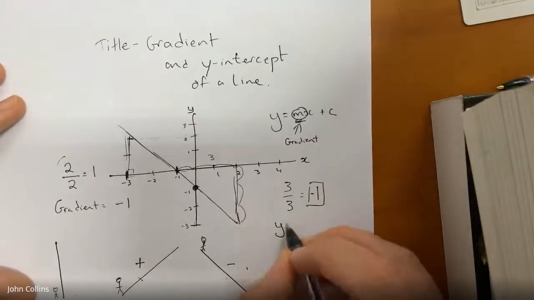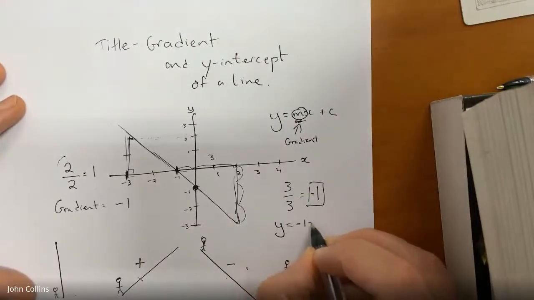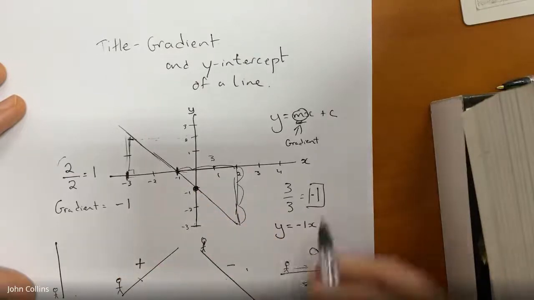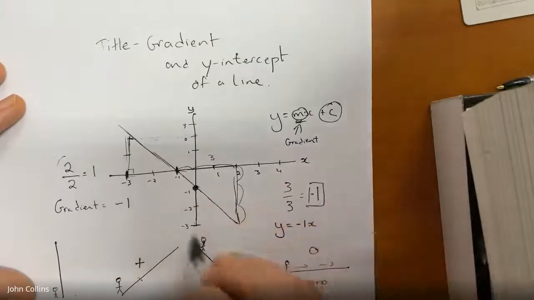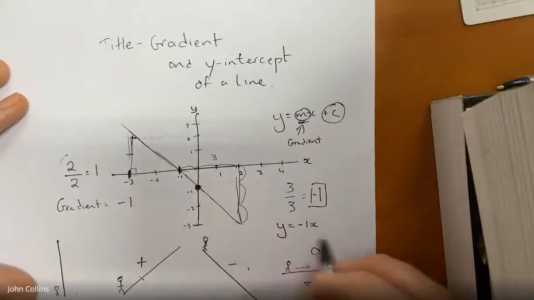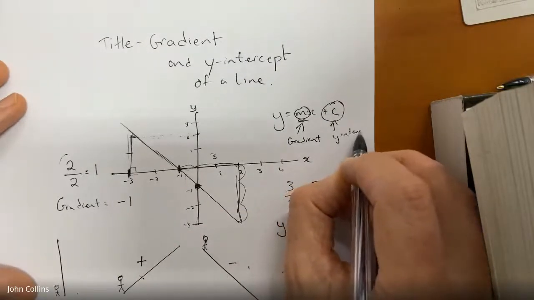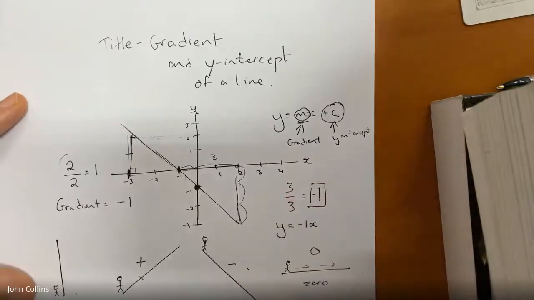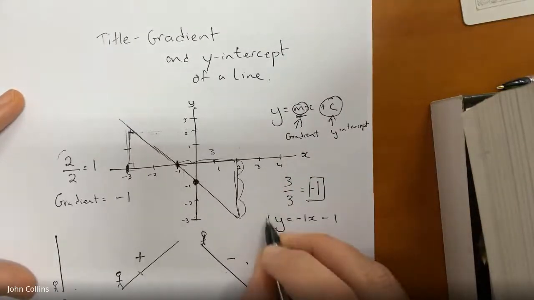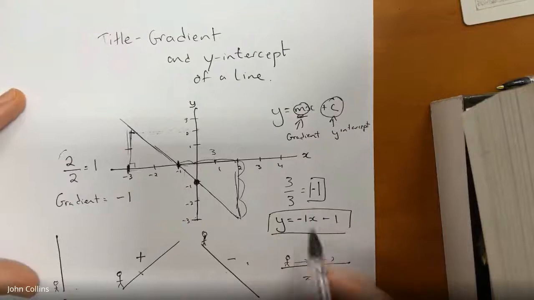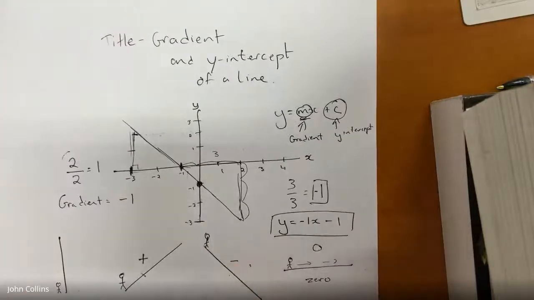For this line, y is equal to minus 1x. So that's minus 1x. And c is where it crosses the y-axis, and this is going to be also minus 1 in this example. So this is the y-intercept. Now, we did that on Friday, so hopefully that's just a quick reminder. And that would be the equation of the line, but we don't really need to do this today. We're just trying to calculate the gradient looking at the line.